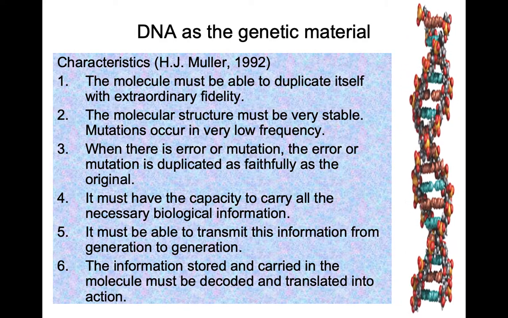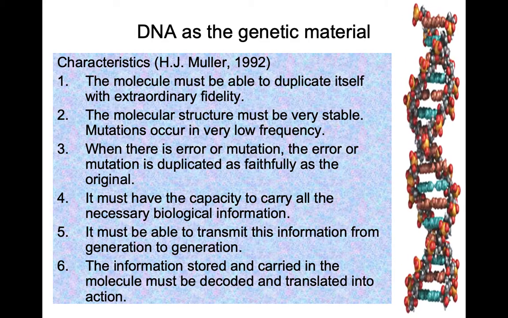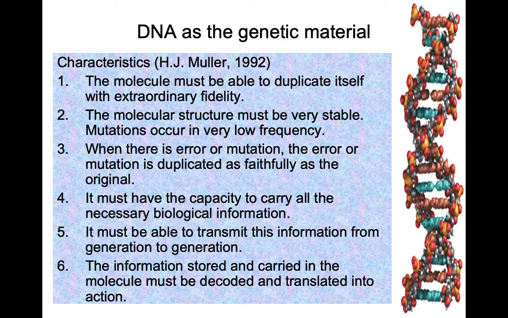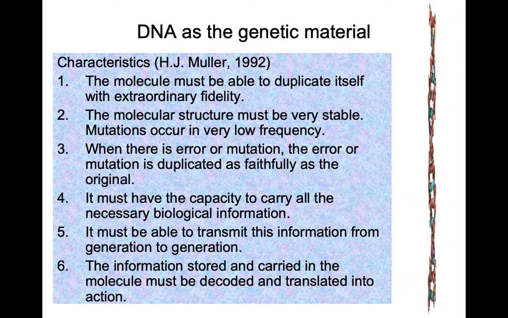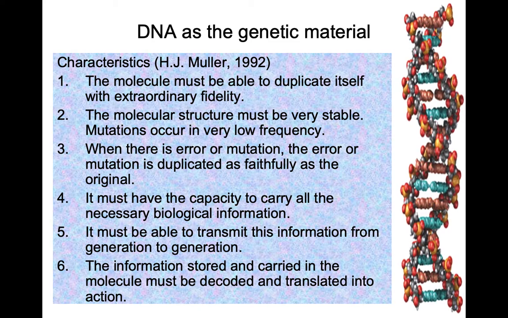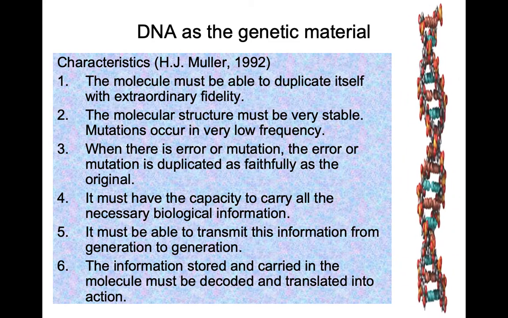The DNA molecule must be able to duplicate itself with extraordinary fidelity. So there should be very high integrity in terms of DNA duplication. The molecular structure must be very stable. Mutations may happen, but they should be at very low frequency.